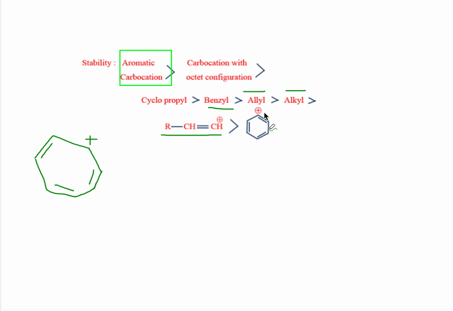Even below simple methyl, the alkene olefinic carbocation, which we also term the vinyl carbocation, is less stable, whereas the phenyl carbocation is the least stable kind of carbocation.